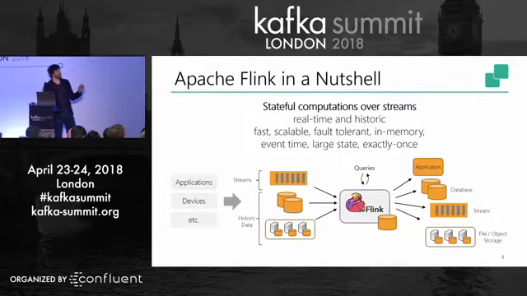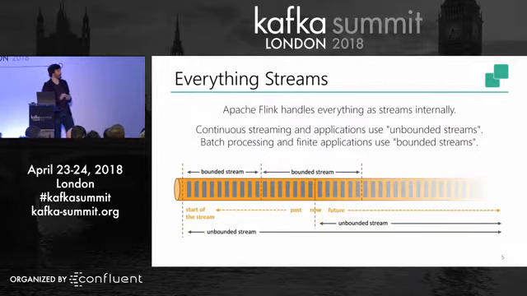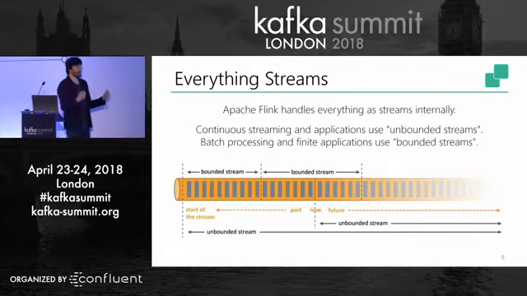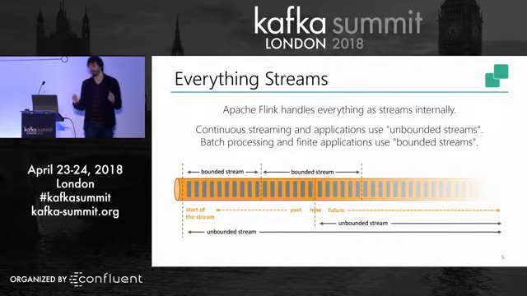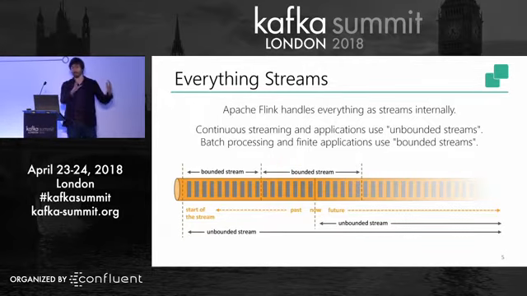The idea of Flink is really computation over data streams, and I know I'm repeating this, but it's a very core concept in Flink, and the interpretation of what a stream is, is very broad here. Everything is treated as a stream internally, as a potentially unbounded stream if you're running a continuous stream processing application, or also as a bounded stream if you're looking at a finite piece of data from the past.